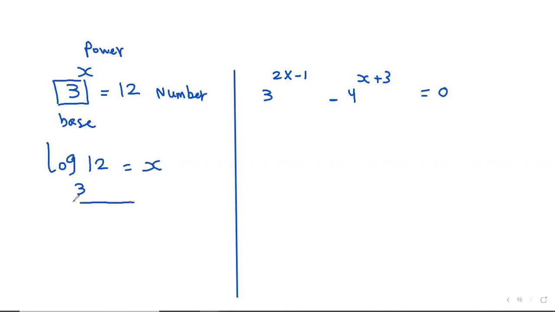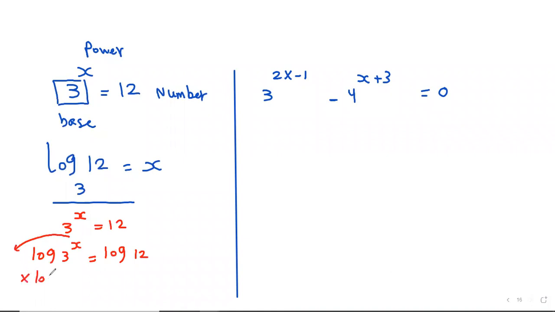Or we can take logs for both sides. Like here, I have 3 to the power of x equals 12. So we can take log here and log here. So it's log 3 to the power of x equals log 12. And I have here 3 to the power of x, so we'll apply the power rule.